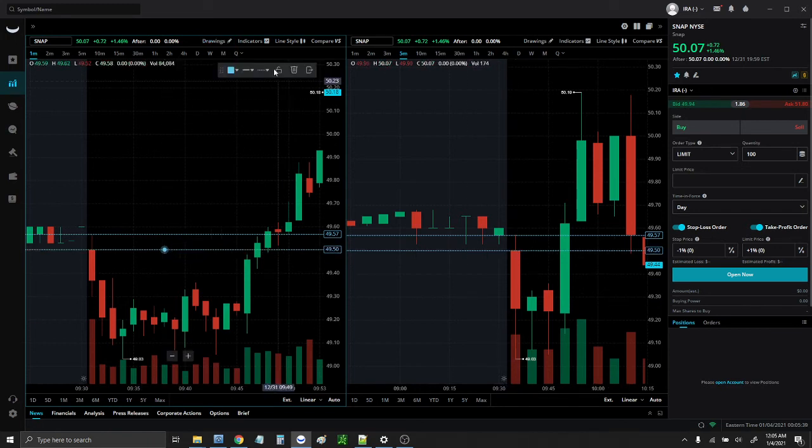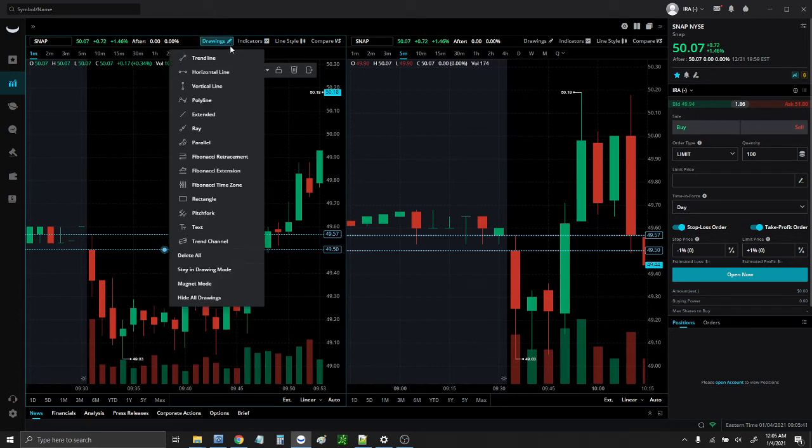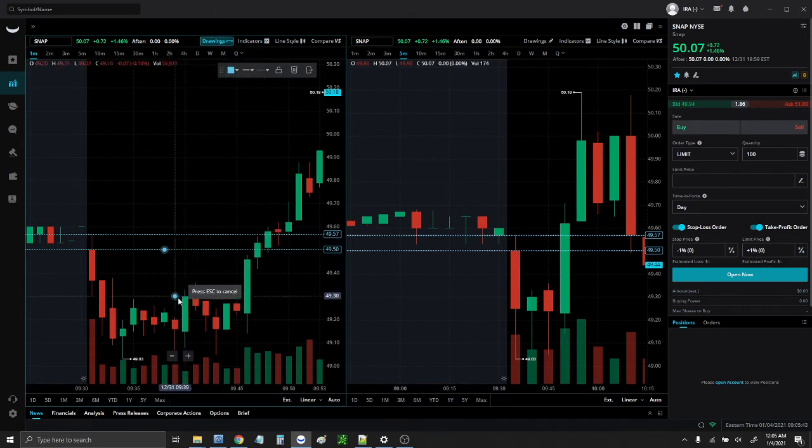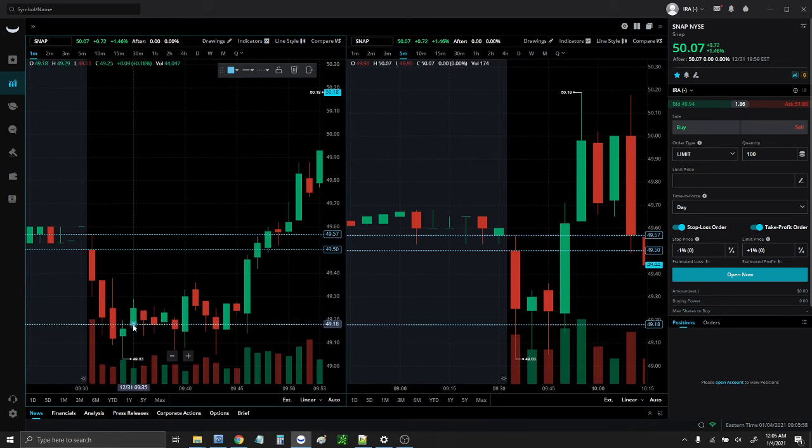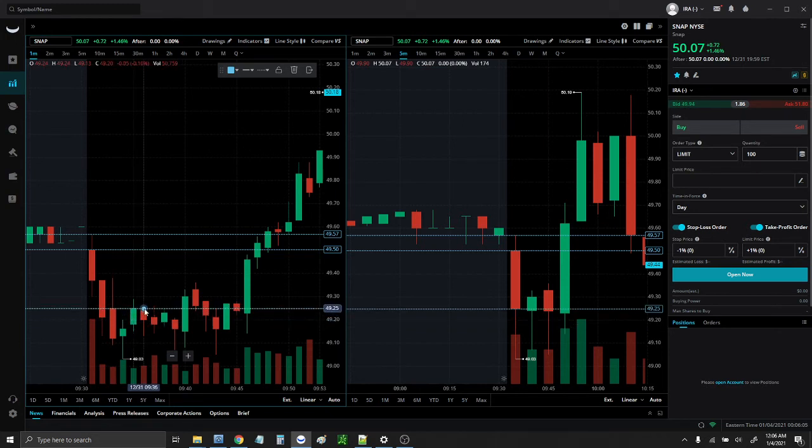There you see this opening price. Then you'll see the closing price. On a 5 minute, it's going to be here. This is the 5 minute candle. That's the closing price right there.